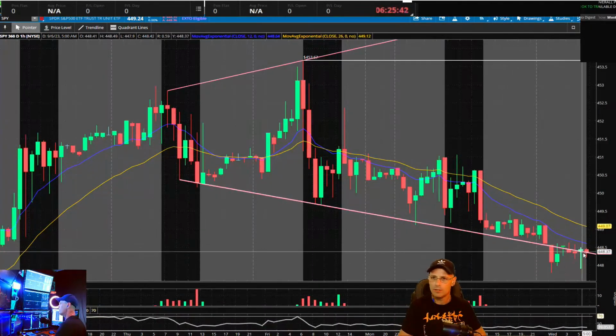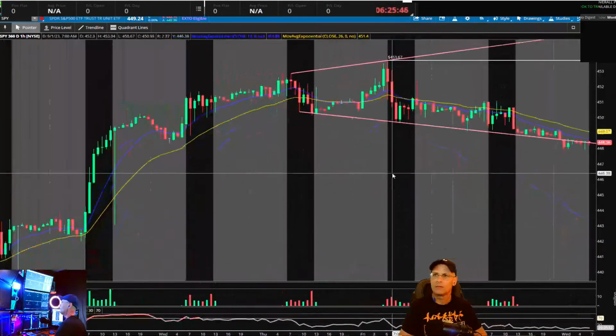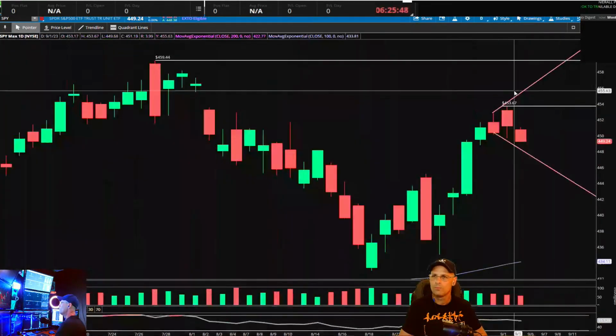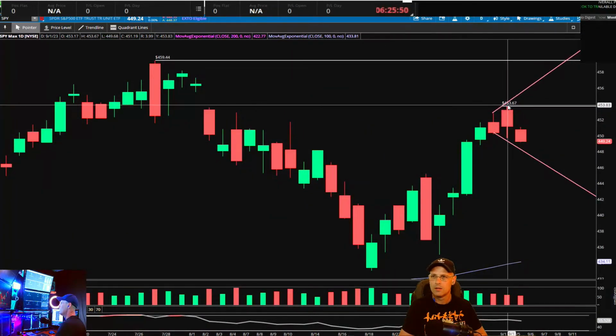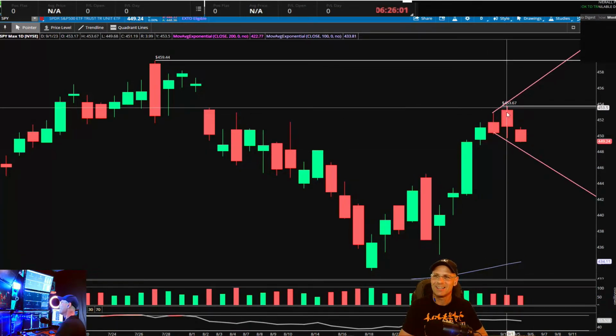But if we start to break down, we are confirming our hourly downtrend, and then we'll know that this is definitely our daily lower high. And I would already say it's our daily, what am I trying to say? That our daily high is set, not lower high, that our daily high is set.